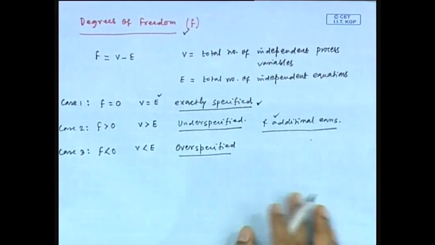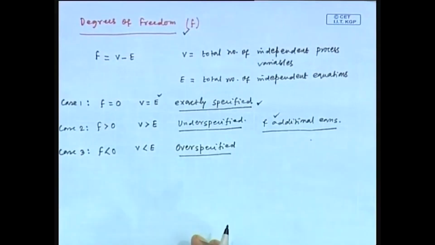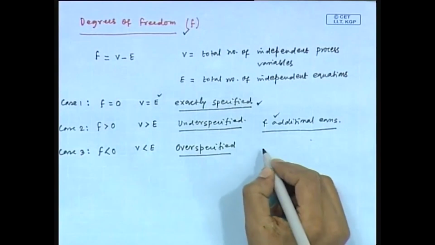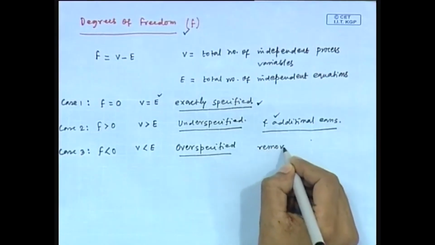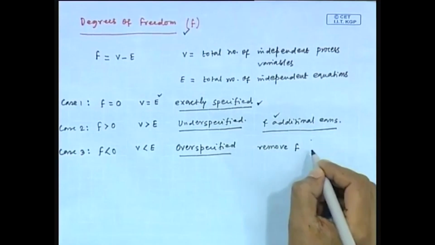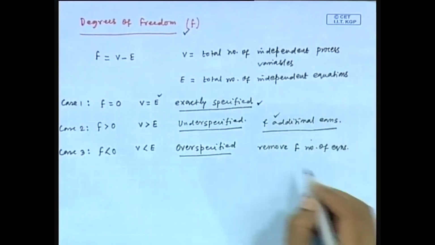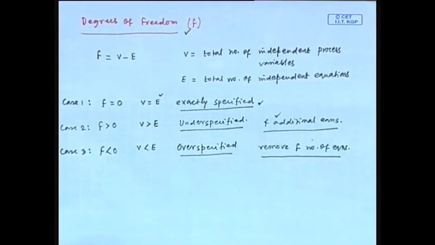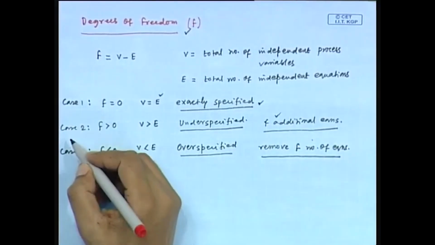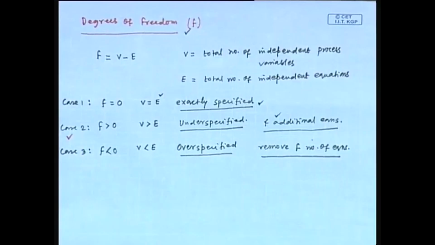So, to make the overspecified system exactly specified, we need to remove F equations. Usually in practice, case 2 is the common one. I mean, F greater than 0 is the common case in practice.